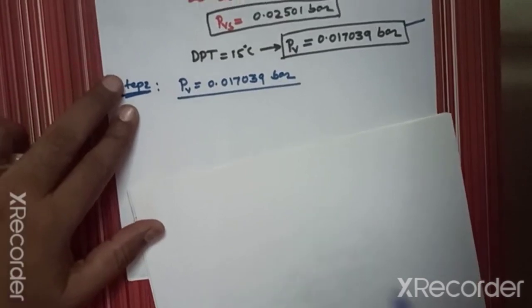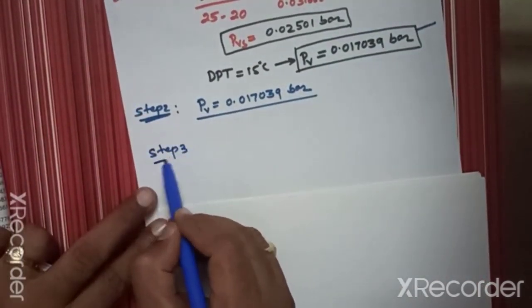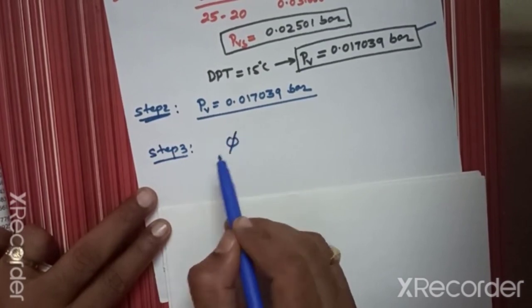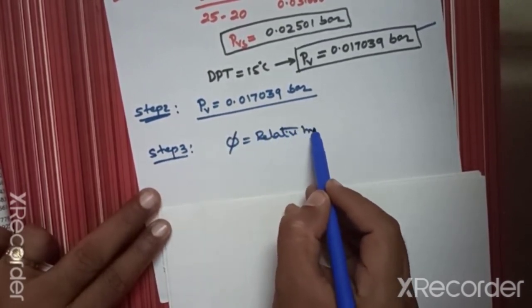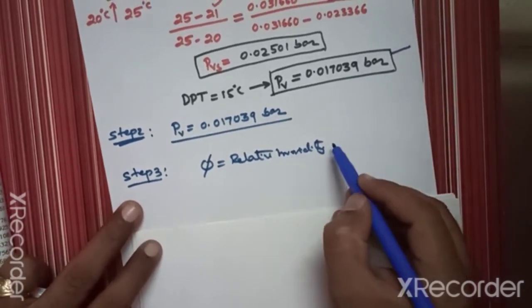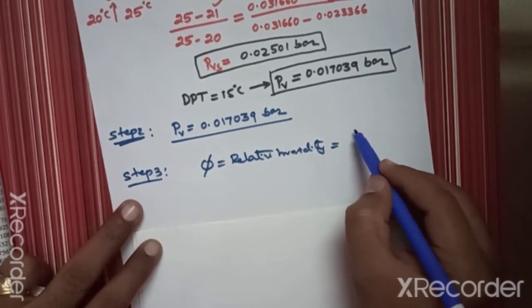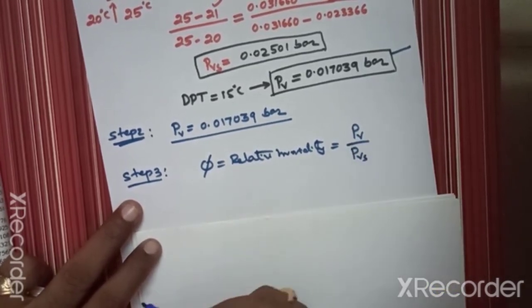Here I will write step number 3. The relative humidity phi is equal to the ratio of the pressure of the vapor to the pressure of the saturated vapor.